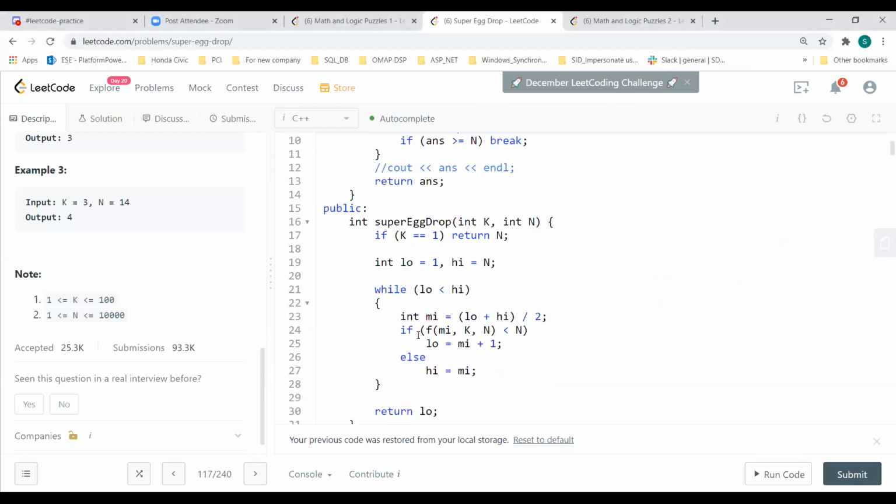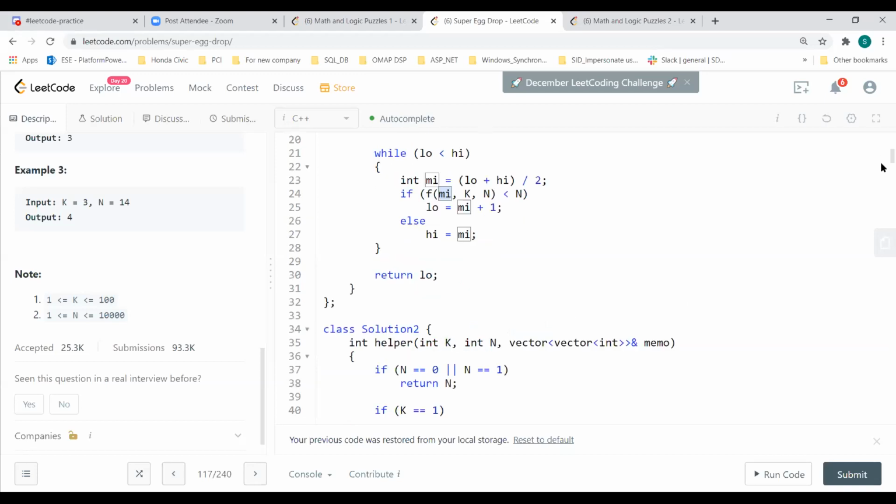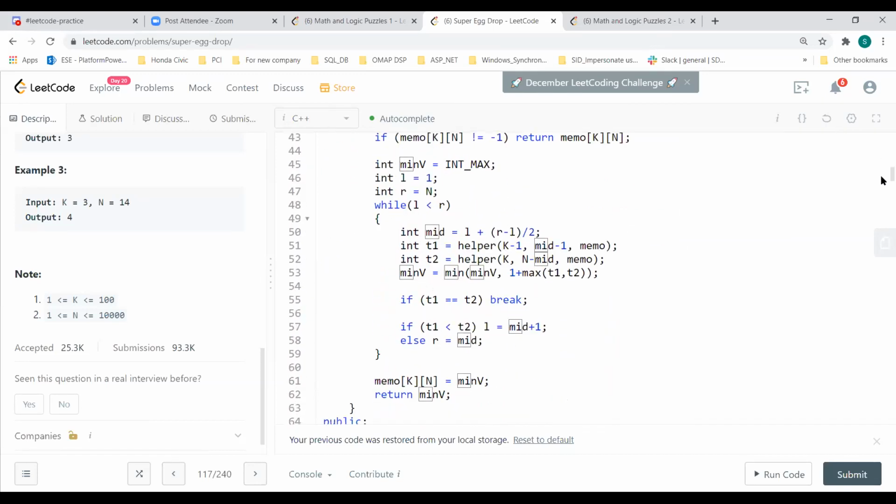So you just pass in the mid value and find out how many floors you can go for this particular mid. Then you keep on changing this mid value, so you can converge on your range very quickly, while in this case it was slightly more because you keep on doing it for long.